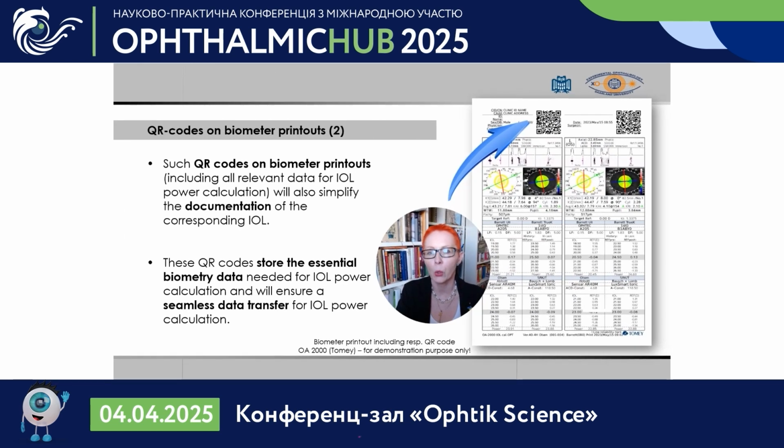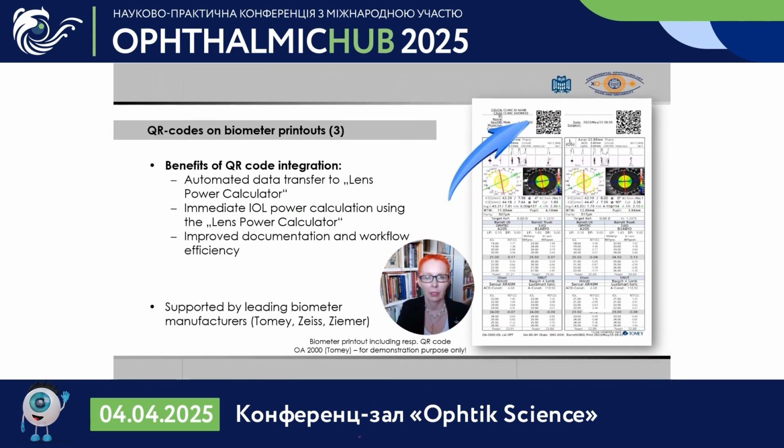These QR codes store the essential biometric data needed for IOL power calculation and will ensure a seamless data transfer for IOL power calculation. The QR codes do not only include all the relevant data for these IOL power calculations, but will also simplify the documentation of the corresponding IOL. The benefits of such a QR code integration are quite clear.